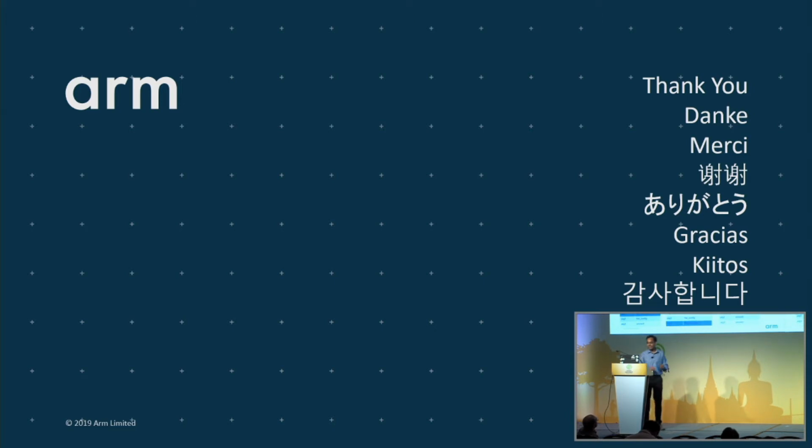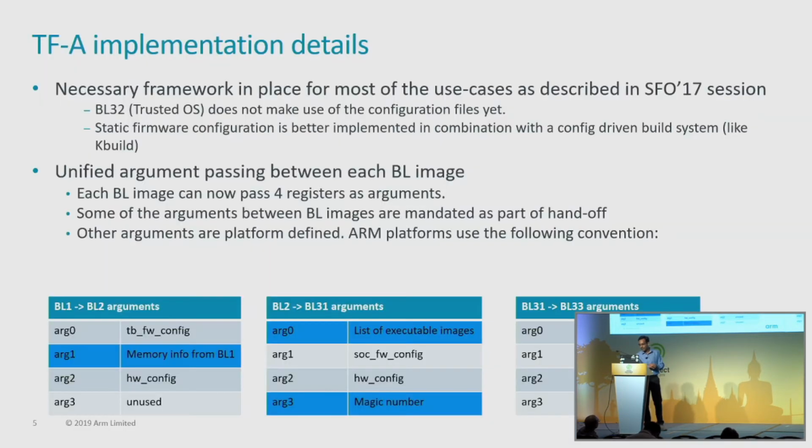So if you look at the BL31 to BL33, arg0 is currently assigned by default to NT_FW_CONFIG, and arg1 is the HW_CONFIG. If you flip it around, and arg0 points to the Linux DTB, then you can boot the Linux kernel directly from BL31. Maybe I'm wrong, but I thought it was arg2 that carried the DTB. But maybe I'm wrong.